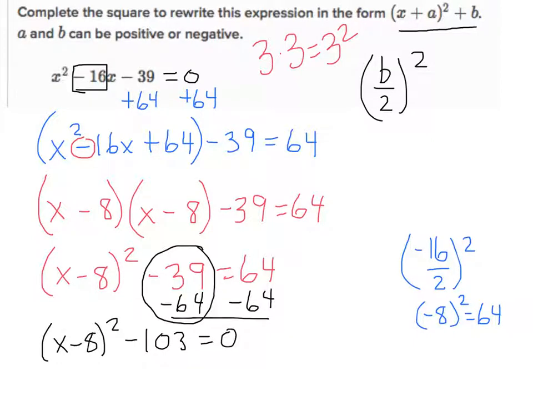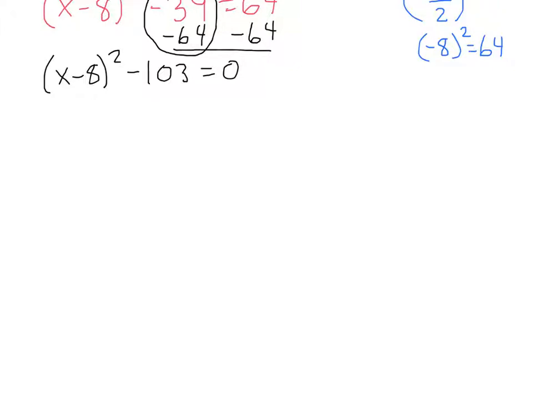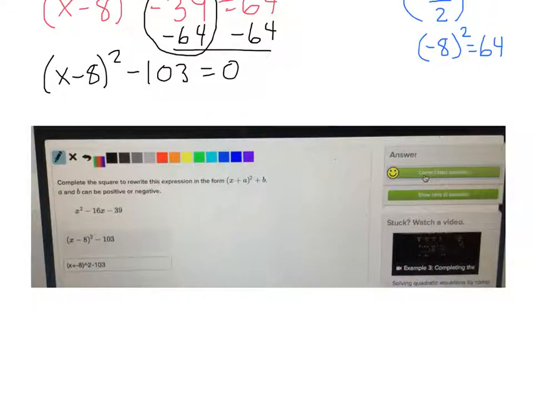Okay, so what I did is I put my answer in Khan Academy and I took a picture, and I want to show you the picture real quick. So let me pull it up, okay? And so you can see, let me show you in this image. You can see my x minus 8 squared minus 103 equals 0.